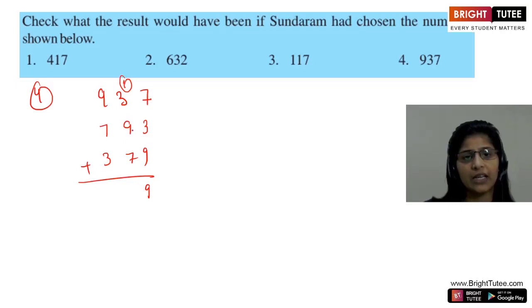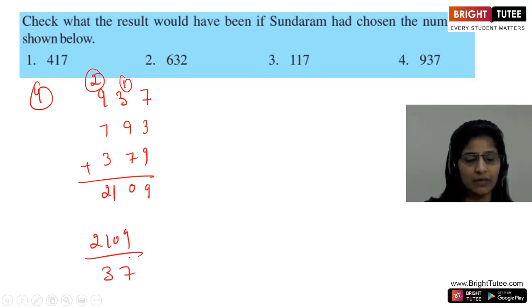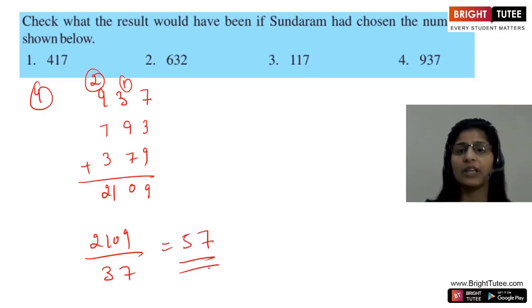Again 7 and 3, 10 and 9, 19 and 1, 20 we will get. 2 is the carry. So 7 and 3 is 10, 10 and 9 is 19, 19 plus 2 is 21. We get 2109, and we have to just solve it by dividing with 37. So if we divide it with 37, we get the answer as 57, leaving no remainder, exactly divisible.